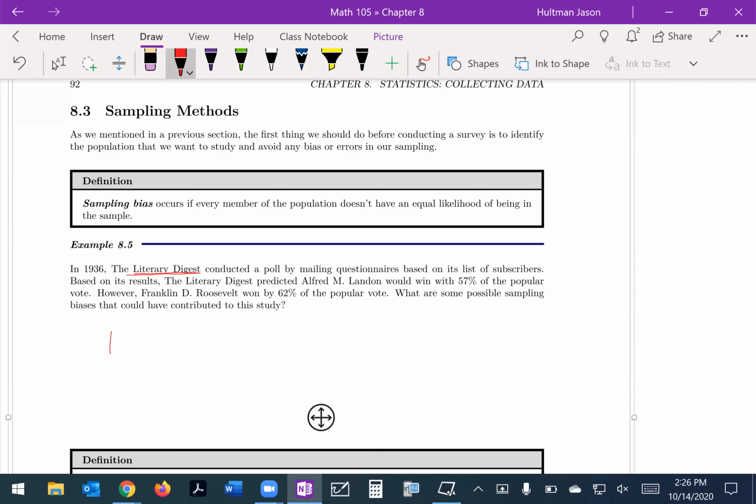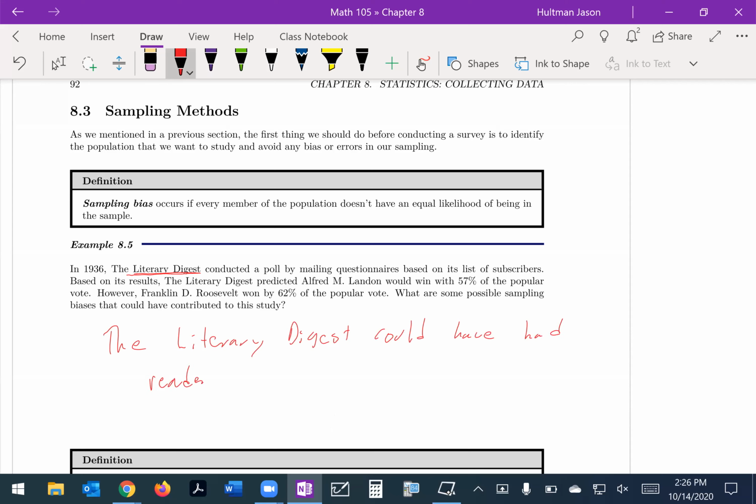So we could say that the Literary Digest could have had readers that preferred one political party, or we'll say Alfred Landon's political views, over Roosevelt's.